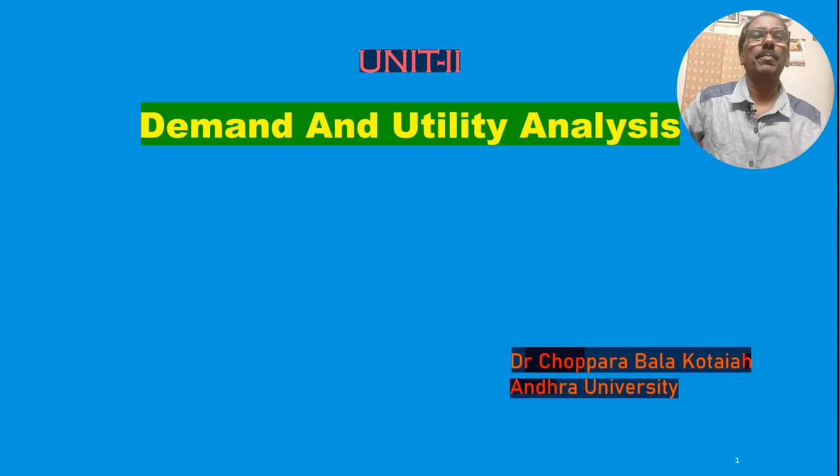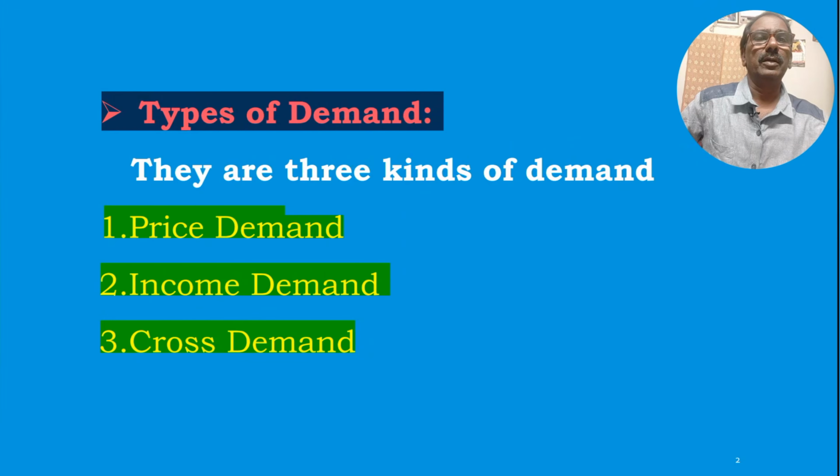Unit 2, Demand and Utility Analysis of Demand. There are 3 kinds of demand. Number 1, price demand. Number 2, income demand. Number 3, cross demand.